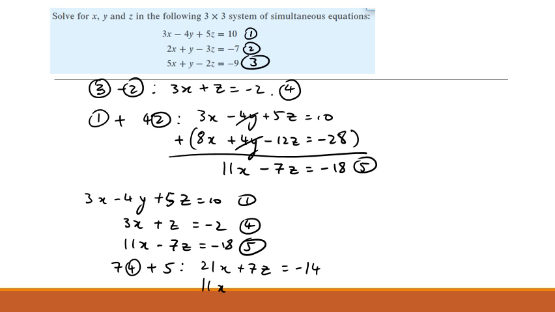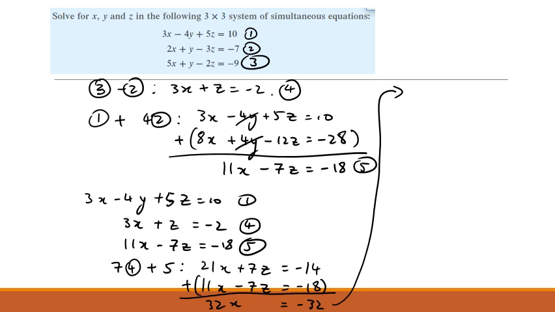Then the other one is 11x minus 7z equals -18. We're going to add these two. So then we're left with 32x equals -32.